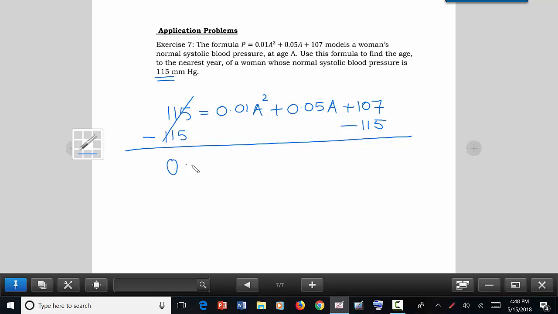So I got 0 equals to 0.01 a square plus 0.05 a minus 107 and -115. So that is -8. Now here obviously we cannot do factorization because of those decimals. Use quadratic formula.